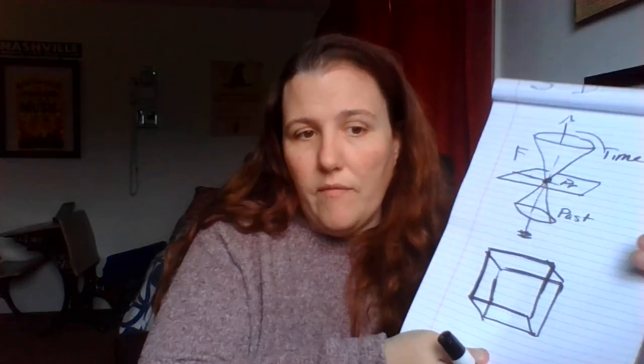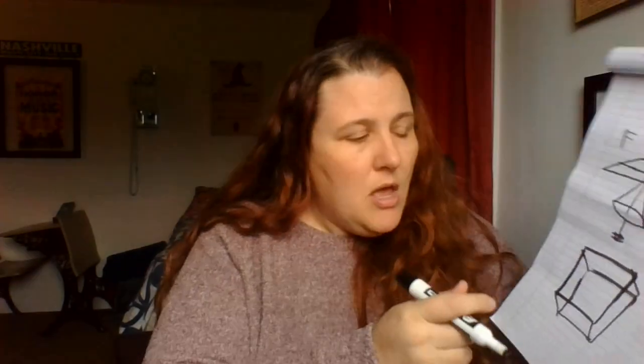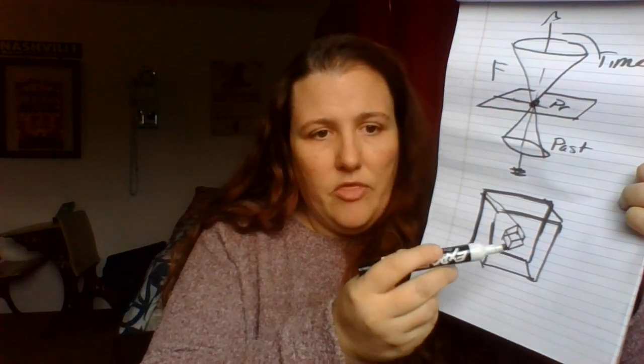Now, it's depicted in a couple different ways, but essentially the theory is that if a third dimension is a cube, which I will draw again for you, there we have our three-dimensional cube, that the Tesseract would be, I'm going to draw it on a little bit of an angle so you can see it better, almost like a cube within a cube, like that.